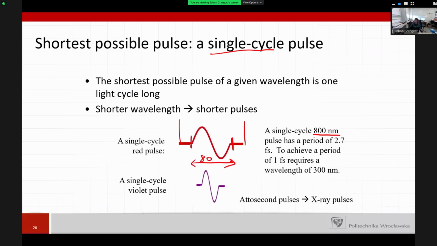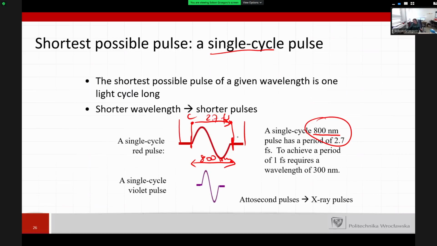The wavelength. So light travels at the speed of light, see? So to travel from here to here, light needs 2.7 femtoseconds. So the shortest possible pulse at this wavelength is 2.7 femtoseconds, because this is a single cycle.